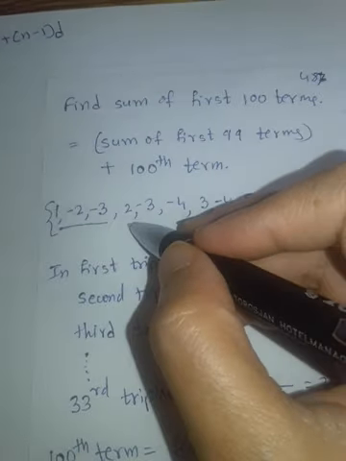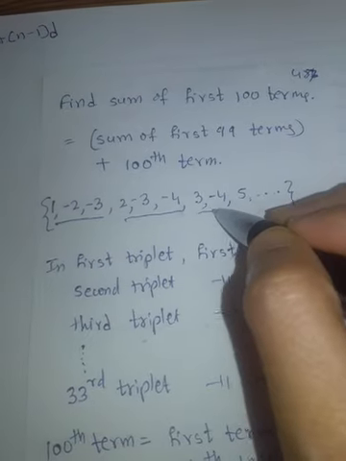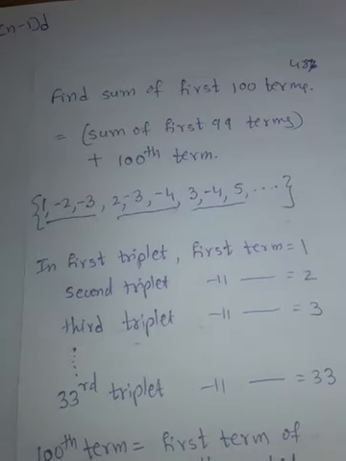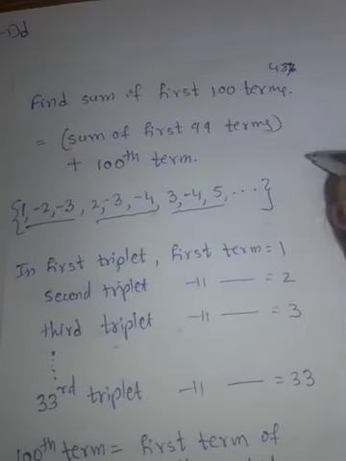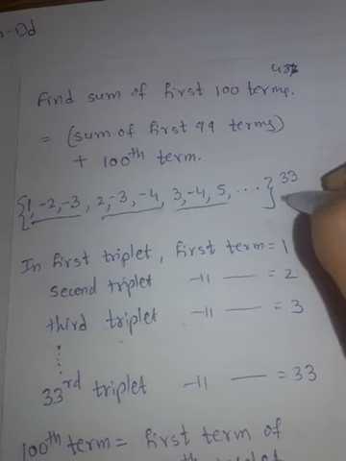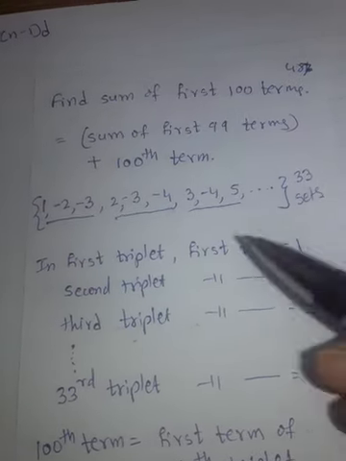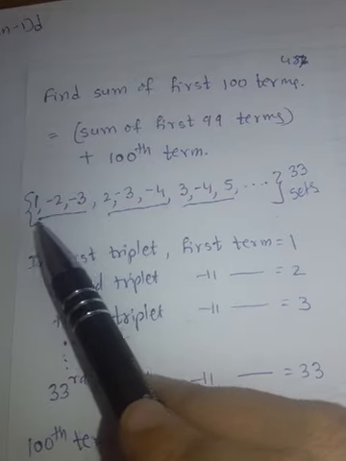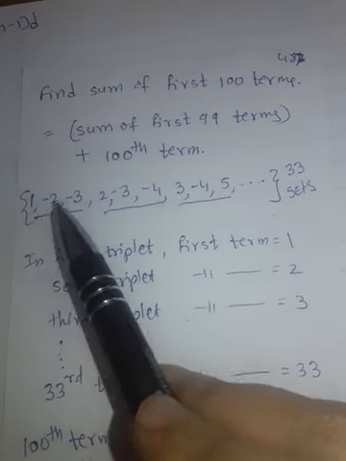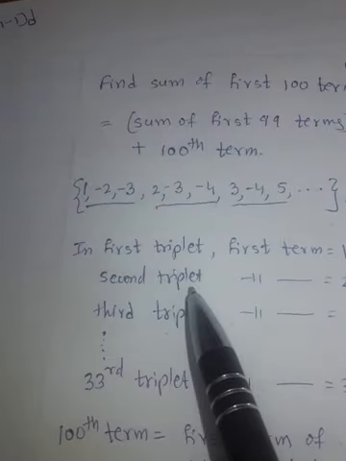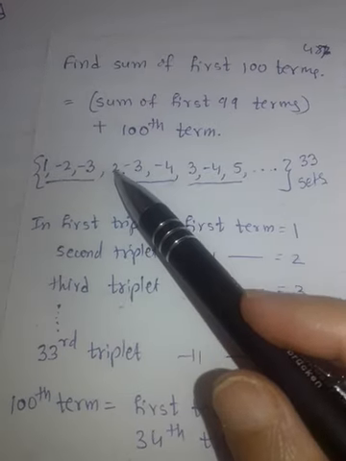First set, second set, third set, and we added. You remember this? And we said there are 33 sets. So in this first triplet, the first term is 1. In the second triplet, the first term is 2.